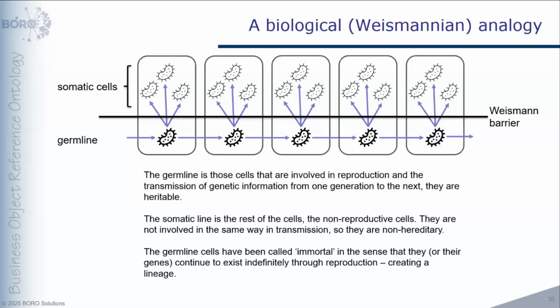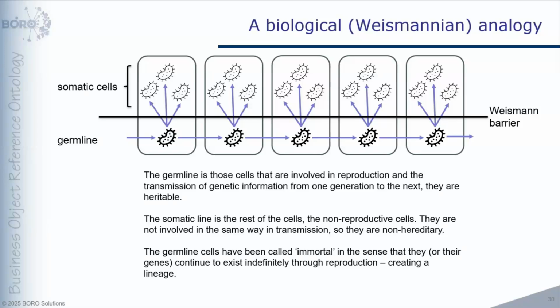There's a nice, interesting analogy here with Weissman. If you go back to biology, Weissman was pointing out that it's the germ cells that survive. In sexual reproduction, if you trace back the lineage, the lineage goes back on the germ cells.